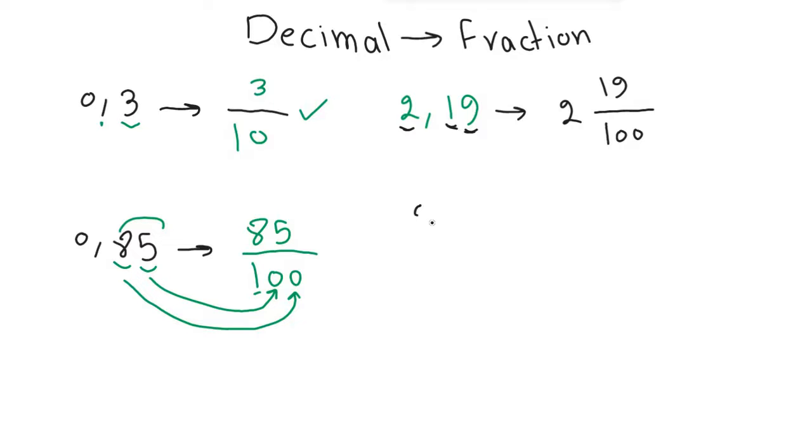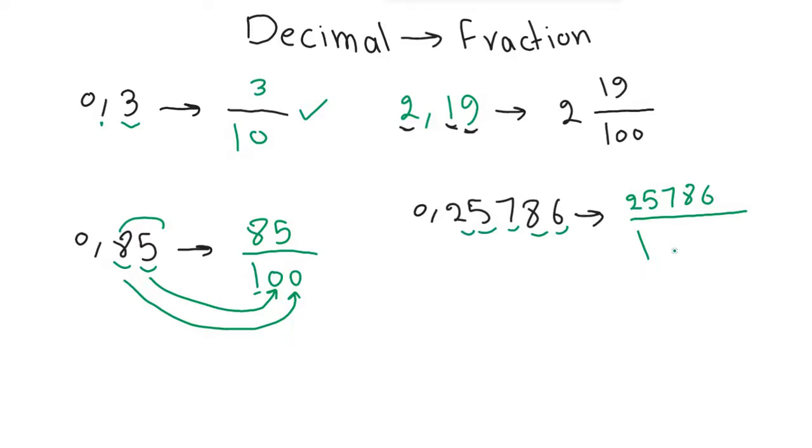If we had 0 point, a big number like this, write this number, 25786. How many digits do we have? 1 2 3 4 5, so give 5 zeros. Look, it's very simple.